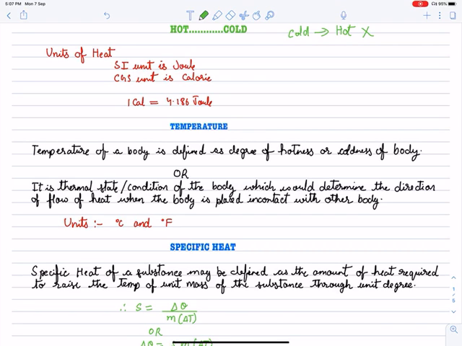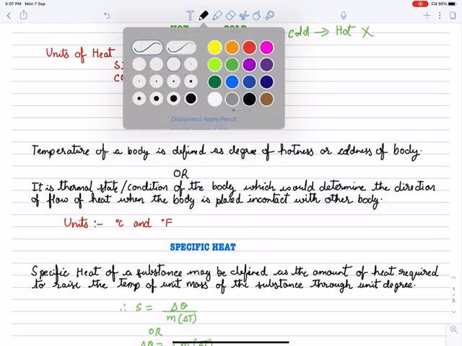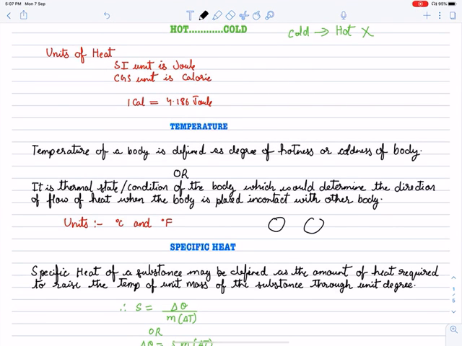We do not know the degree or anything. So how do you determine the direction of flow of heat? That is determined by temperature. So this is the definition of temperature.